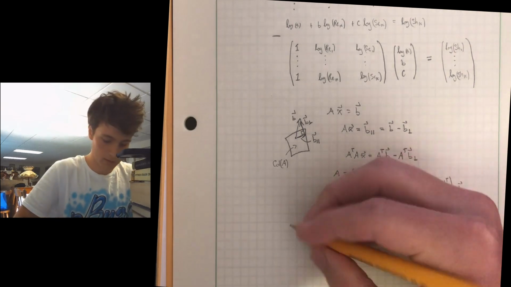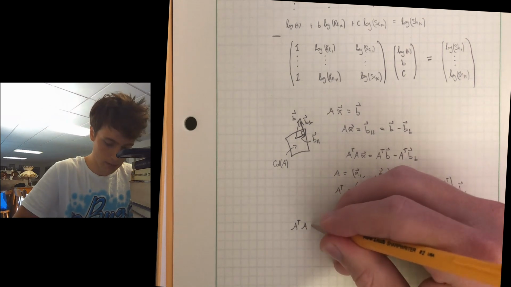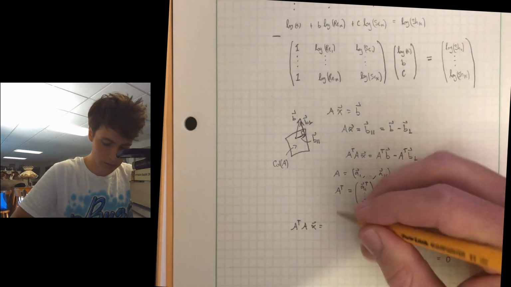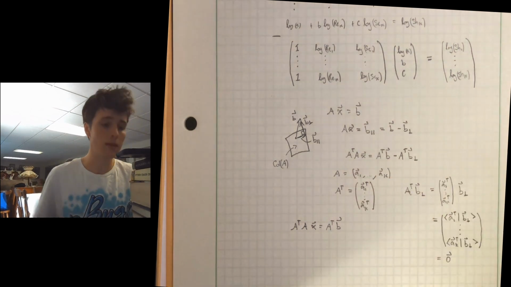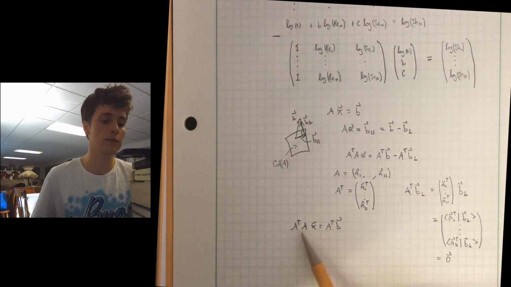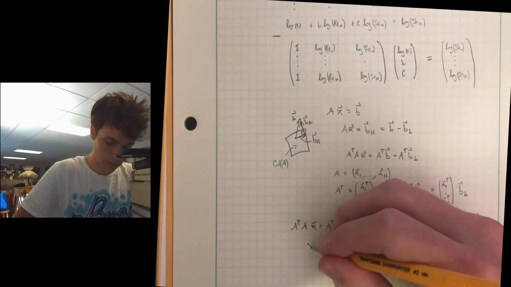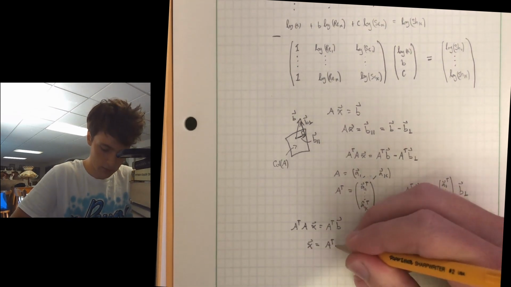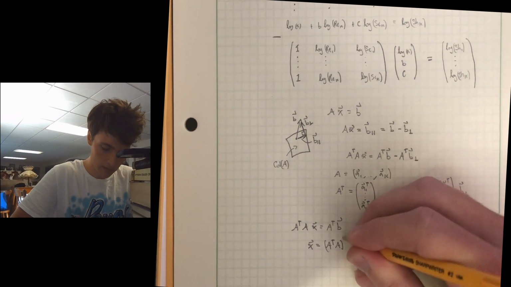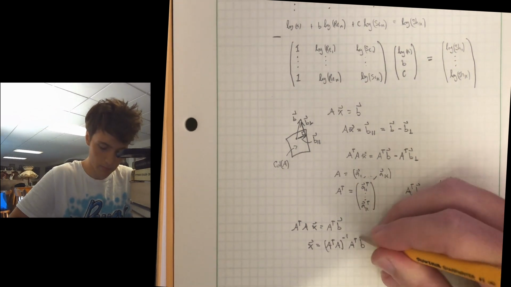And so we're left with A transpose A x equals A transpose B. And then if we take the inverse of this on both sides, we'll get the identity matrix over here and isolate x by itself. And so we get x equals the inverse of A transpose A, multiplied by A transpose multiplied by B.